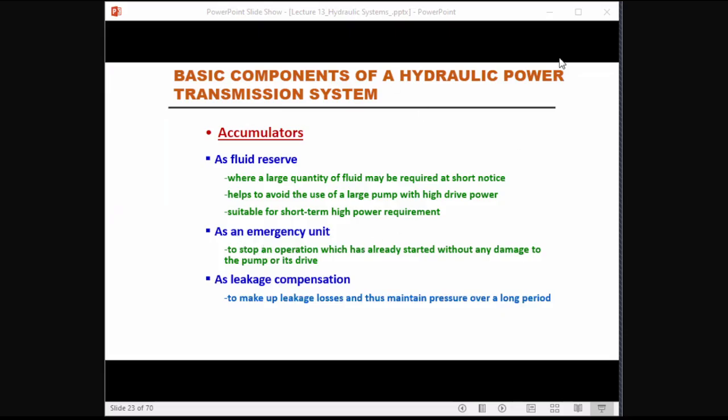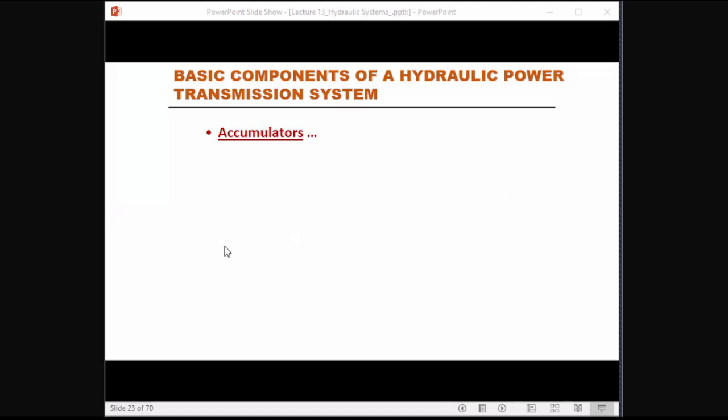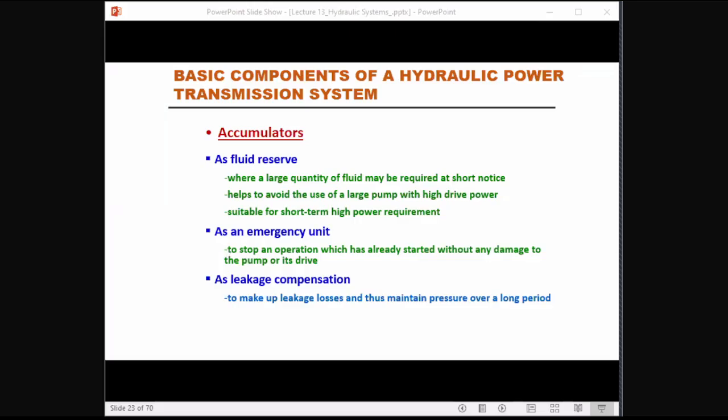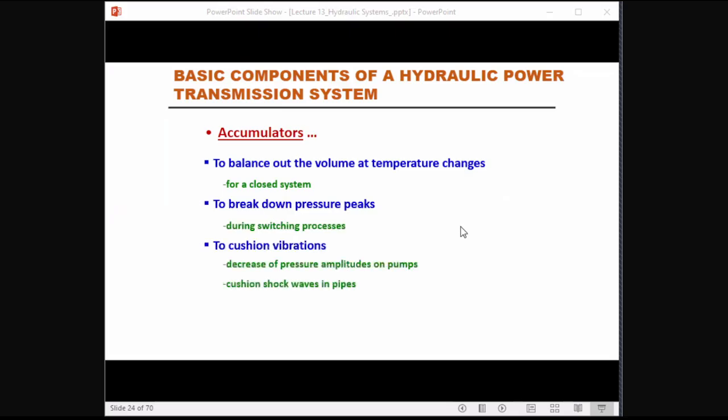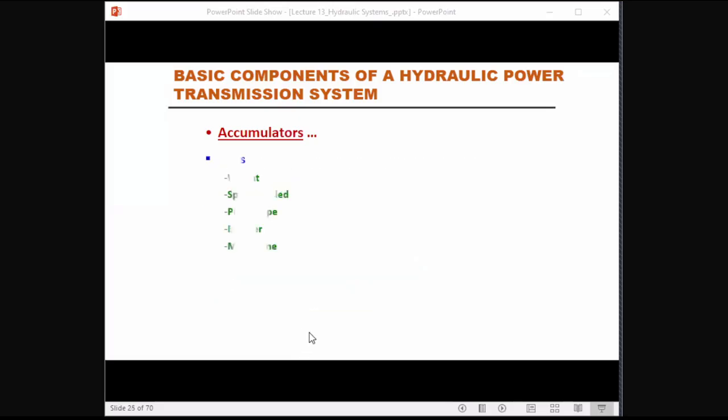Then the accumulator has several key functions in this hydraulic system, including as a fluid reserve, as an emergency unit, as leakage compensation, and to balance out the volume at temperature changes, to break down pressure peaks, to cushion vibration, and for the recovery of brake energy.